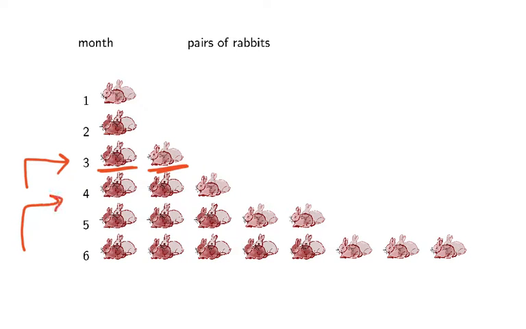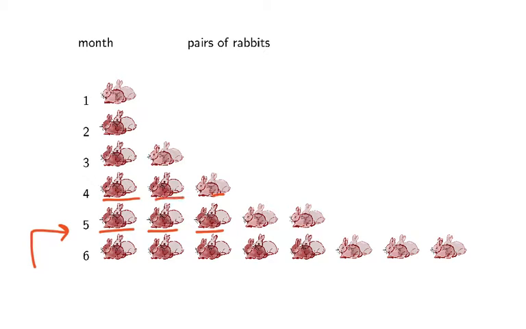In month 4, we have the ones that we used to have. This one now became mature, and this one that was producing rabbits now produces a new pair. In month 5, we still have the 3 that we had before, right? Only that this one is mature.